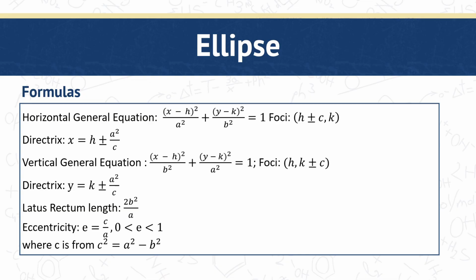Here's the equation: e equals c over a, where e is supposed to be between 0 and 1. So eccentricity can also tell you the shape. If it doesn't fit this 0 to 1, then it is not an ellipse. It is another shape entirely.